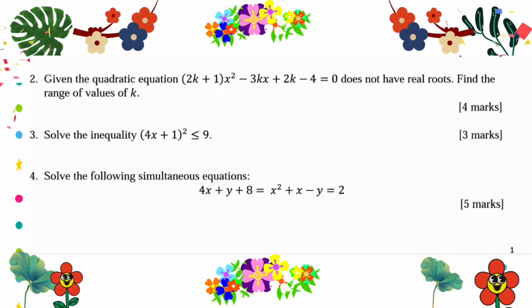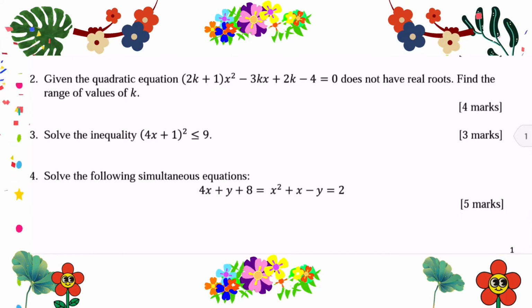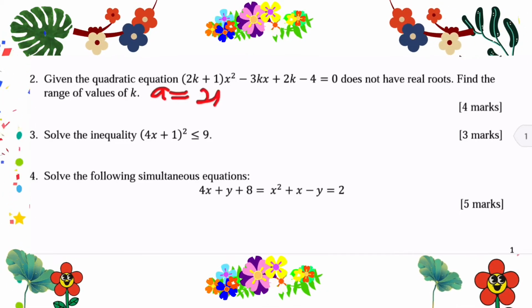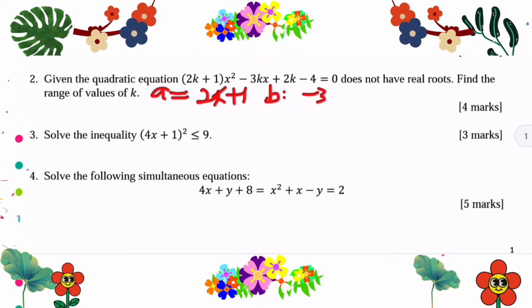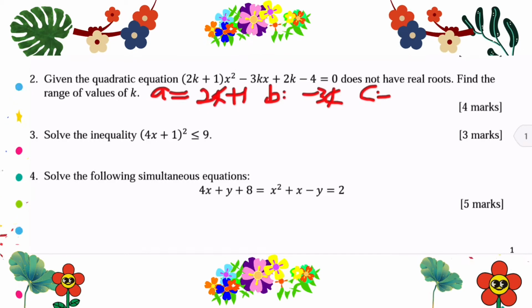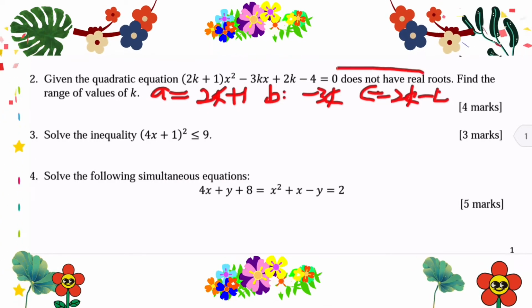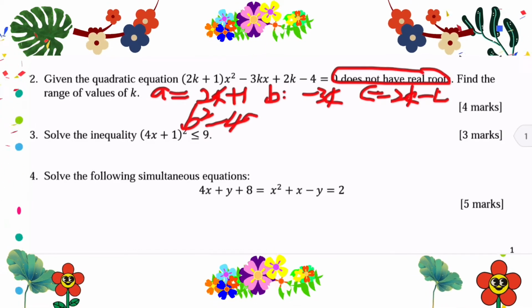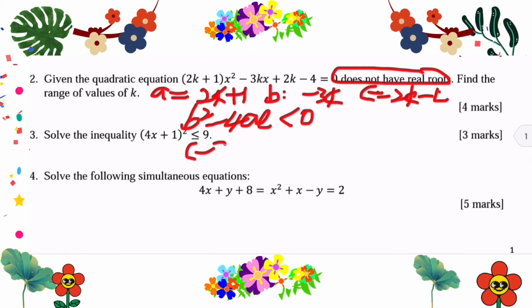Let's go through question number 2. Given the quadratic equation (2k+1)x² − 3kx + 2k − 4 = 0, A is the coefficient of x², 2k + 1, B is negative 3k, and C is the constant, which is 2k − 4, and it does not have real roots. So b² − 4ac < 0.